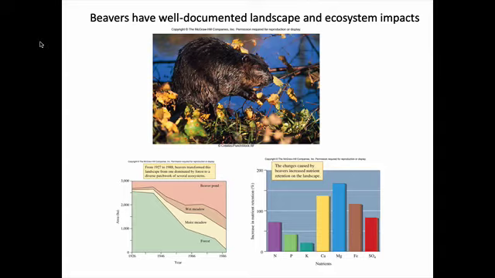So here the beavers are becoming established, and this is a landscape which lacked beavers because of hunting and trapping prior to 1920, and they were able to reestablish themselves in low numbers in the mid-20s, and then over the course of the next 60 years, they turned what was a uniform area of forest with small areas of meadow into a landscape mosaic, which is much, much richer in species.